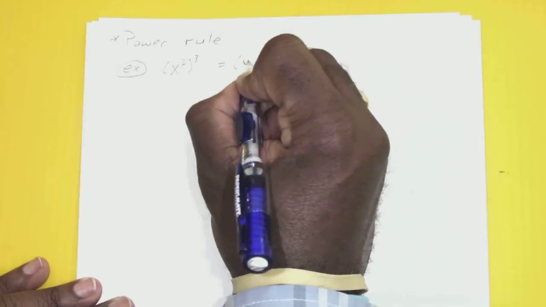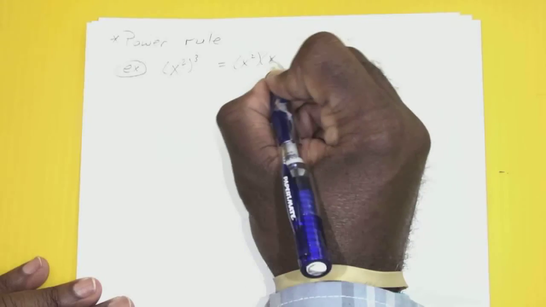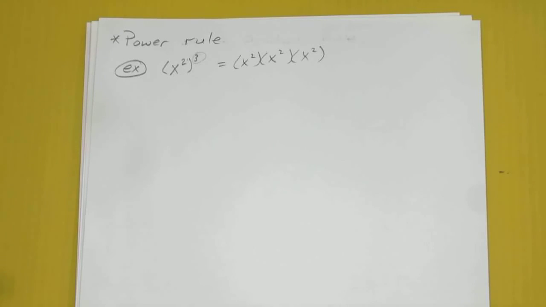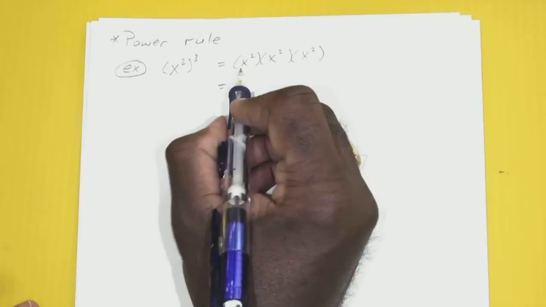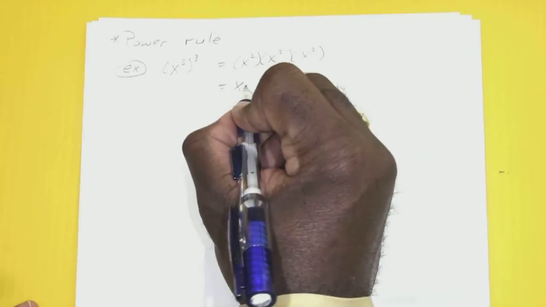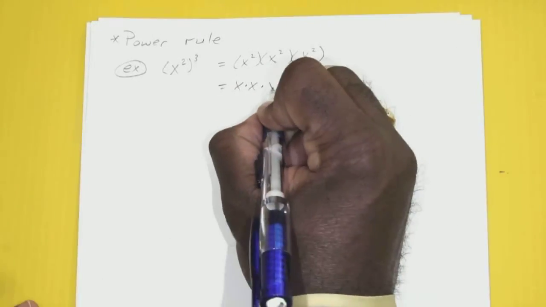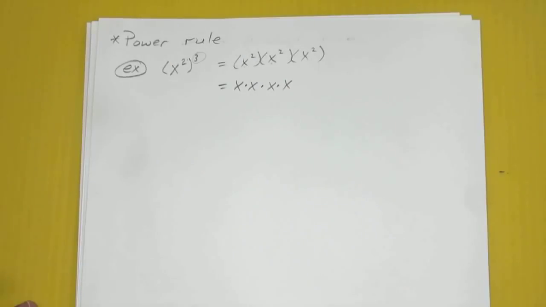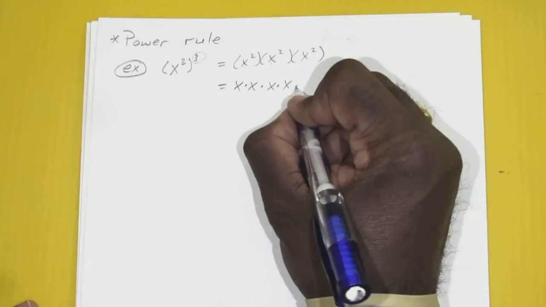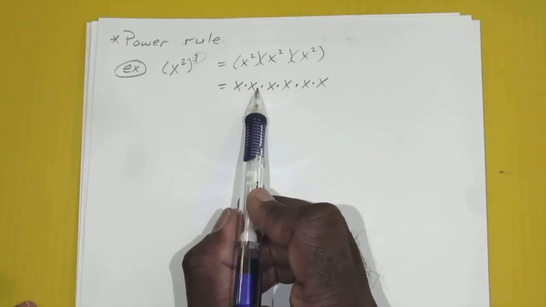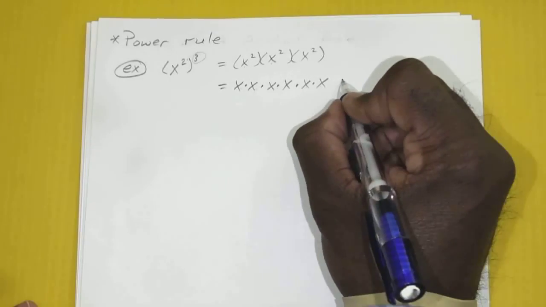So that's just x squared times x squared times x squared. Now, if we expand that a little more, each x squared is x times x, so this is x to the 1, 2, 3, 4, 5, 6th power.